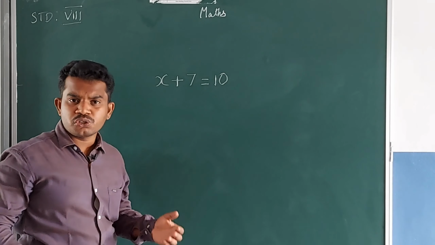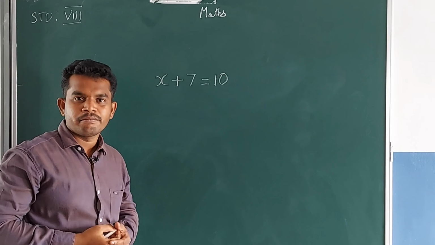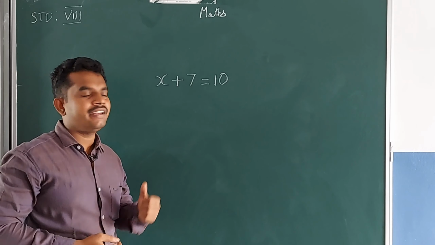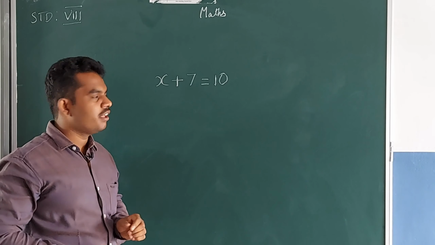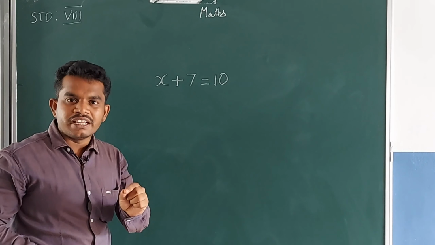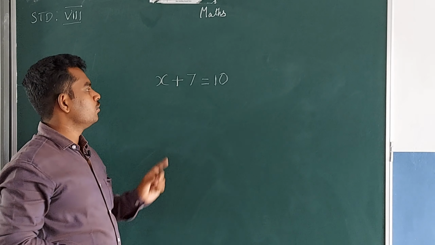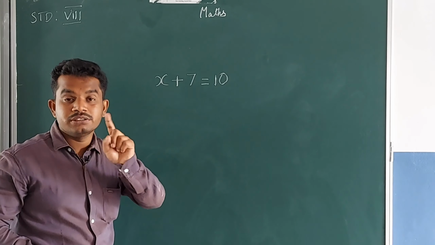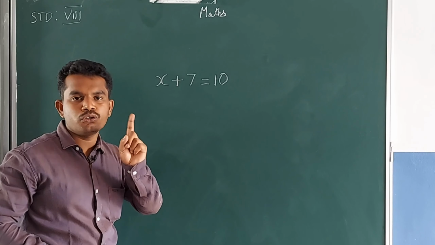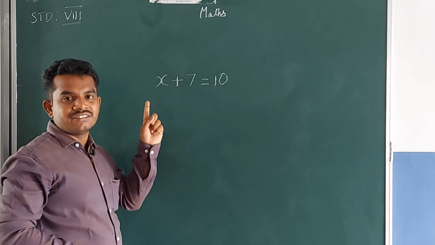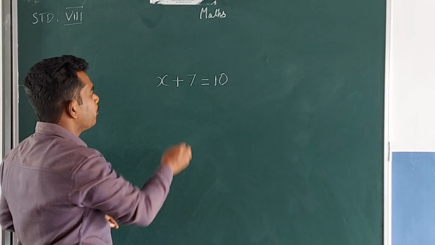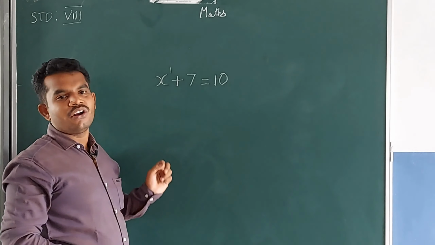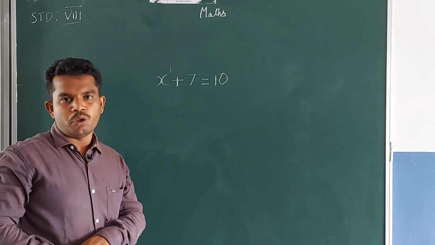Is it a linear equation or not? Yes, it is a linear equation. Why, sir? You observe the variable, the power should be 1. That is the main and foremost concept for a linear equation. The power should be 1, so it is called a linear equation.